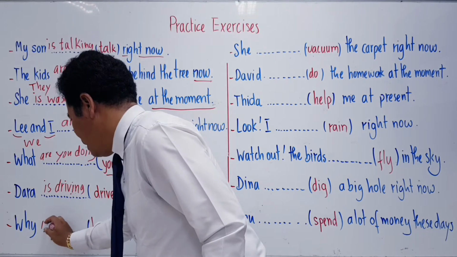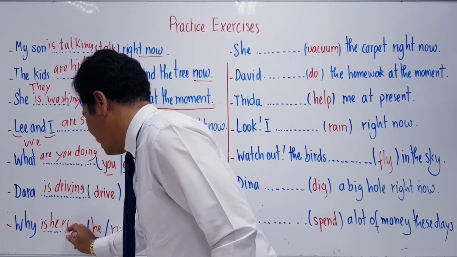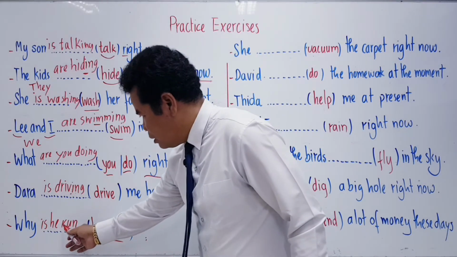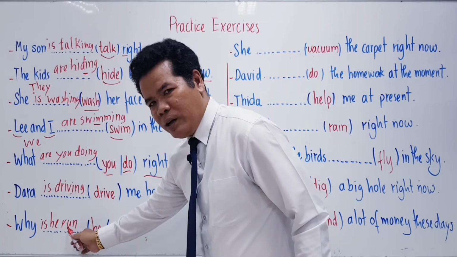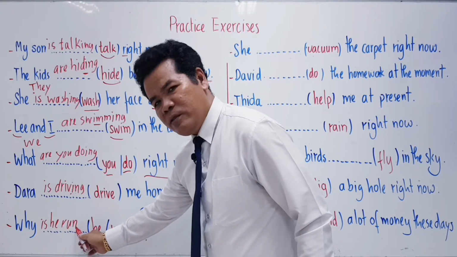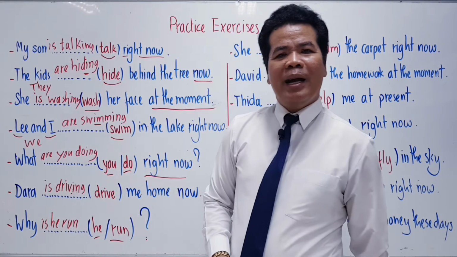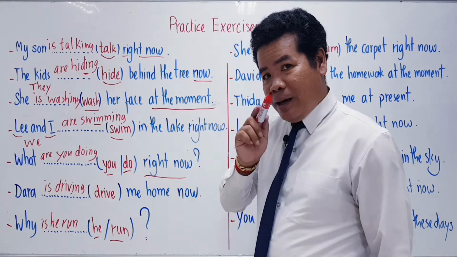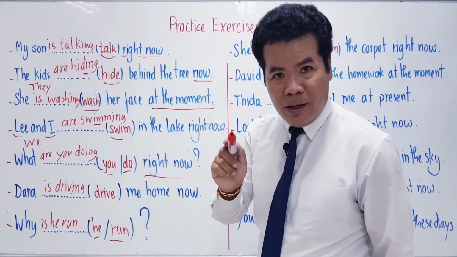Why is he running? Now look at this one. O is a consonant, U is one of the vowels, N is one of the consonants. So C, V, C. Before adding ing, what do you say? Double the last consonant and then add ing, right?